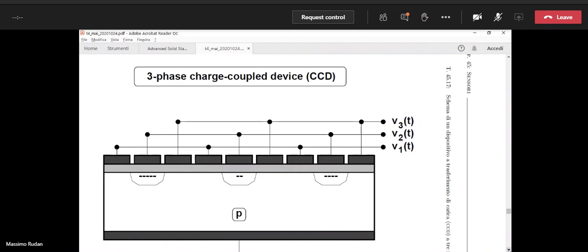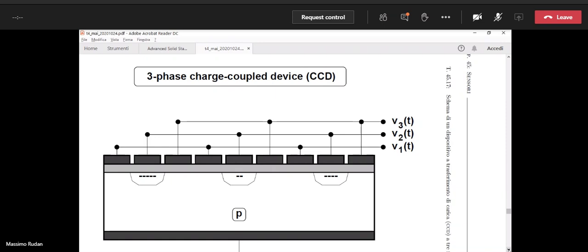So this is called a three-phase charge coupled device, and the applied voltages are also called, in this context, phases. So V1 is phase 1, V2 is phase 2, and V3 is phase 3. These phases have an evolution in time, okay?